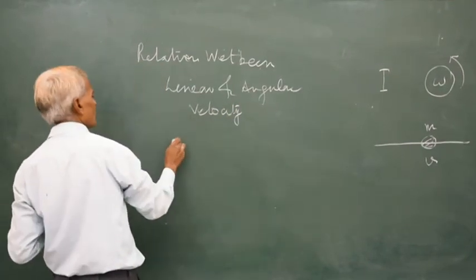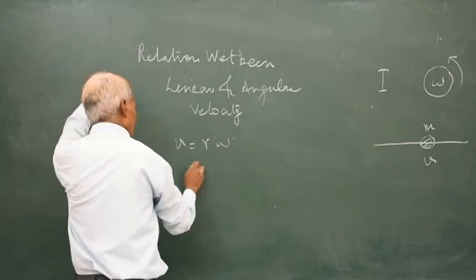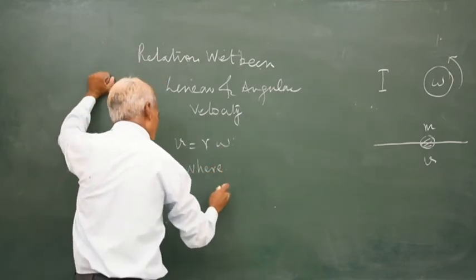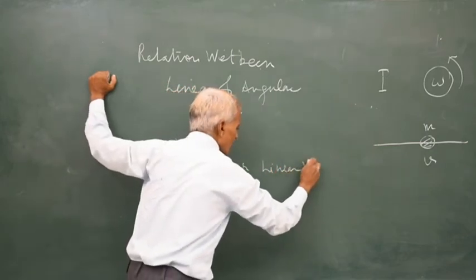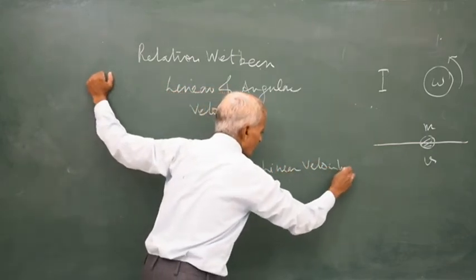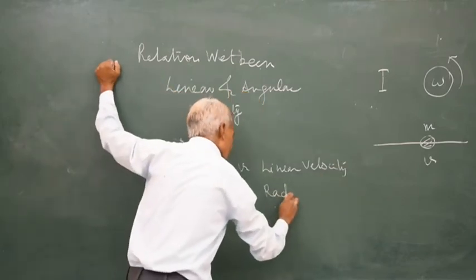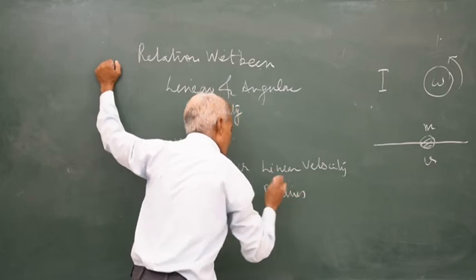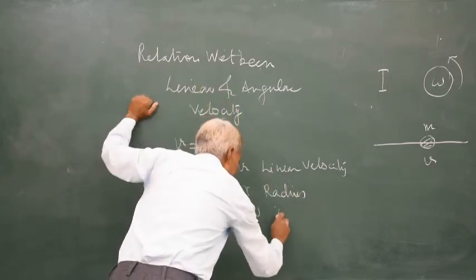It is v is equal to r omega, where v is linear velocity, r is radius, and omega is angular velocity.